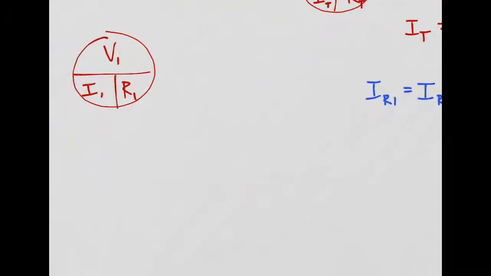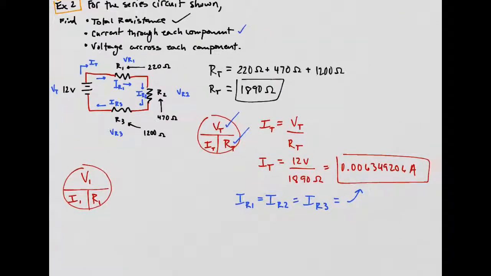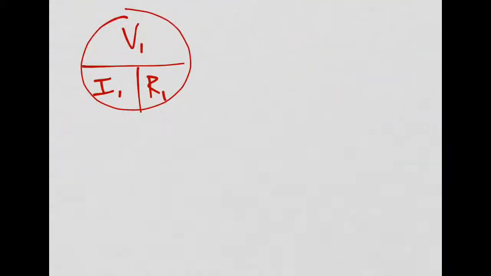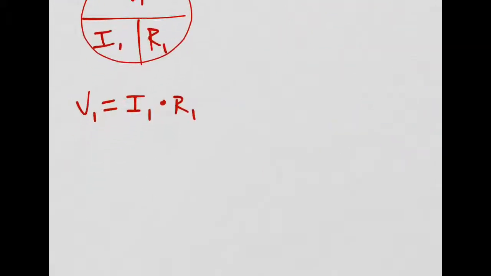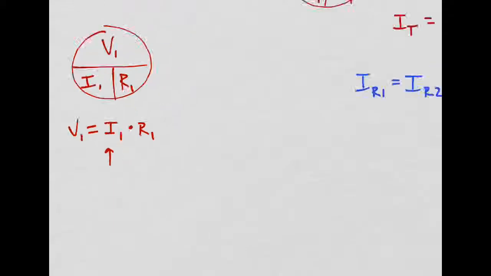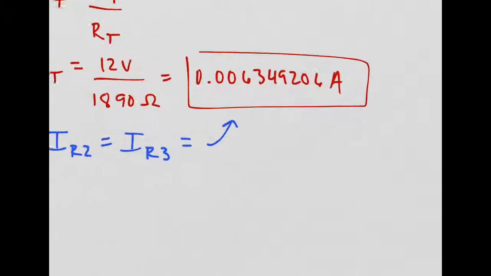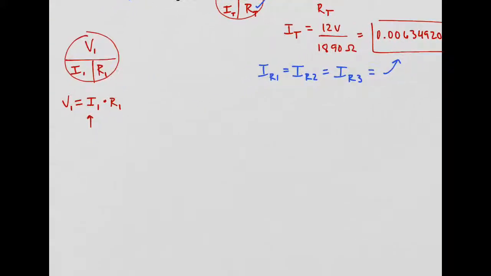What are we solving for? Voltage, right? So that just means V1 equals I1 times R1. And I1, well, we already know I1 is that many amps. We know that. Okay? And so I'll put that in.